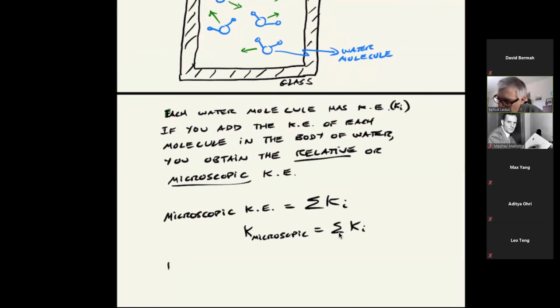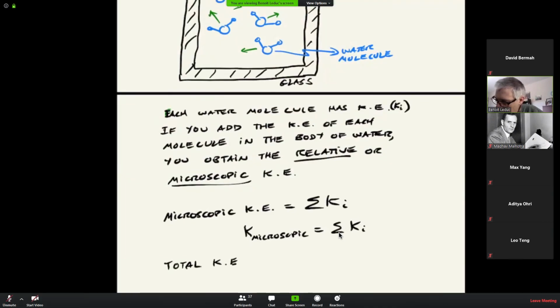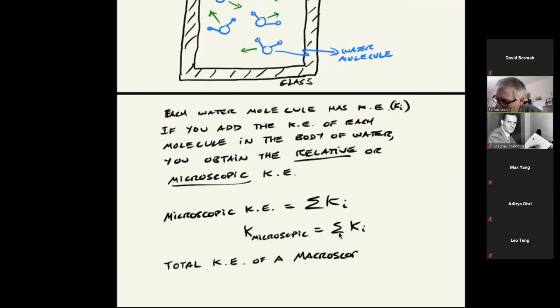So the total kinetic energy of a macroscopic object is equal to the kinetic energy of the object as a whole plus the microscopic kinetic energy.